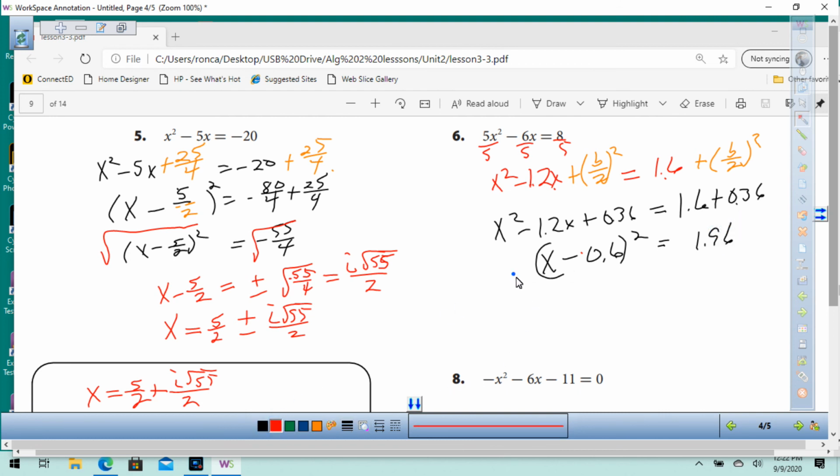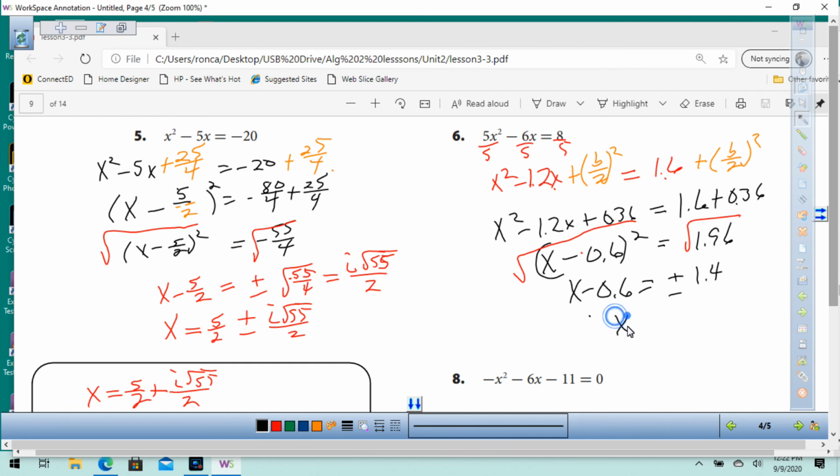And we'll take the square root of both sides. And that's going to give us x minus 0.6 equals plus or minus 1.4.